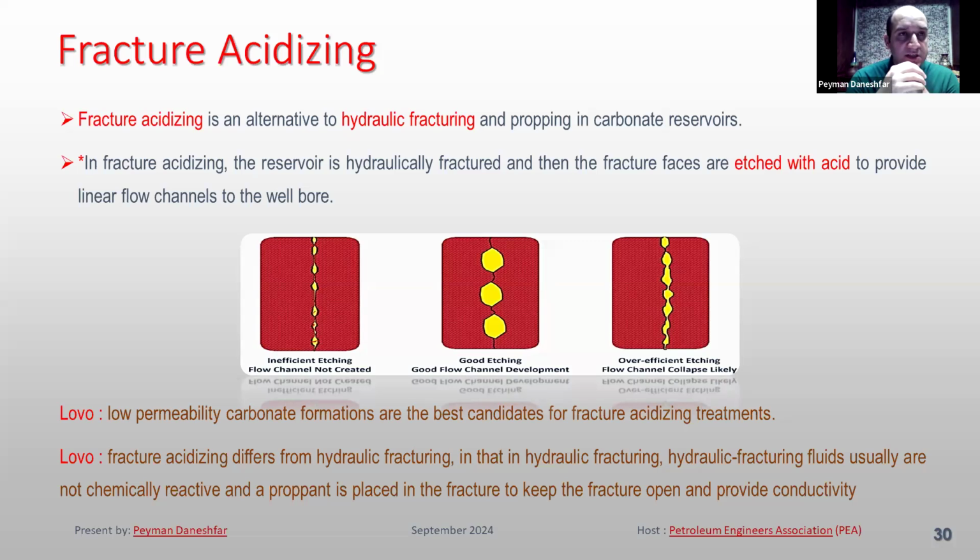But in fracture acidizing, we pump acid into the well to etch the fracture, to provide flow channels to the wellbore. Low permeability carbonate formations are the best candidates for fracture acidizing.